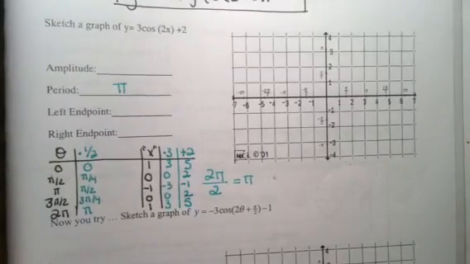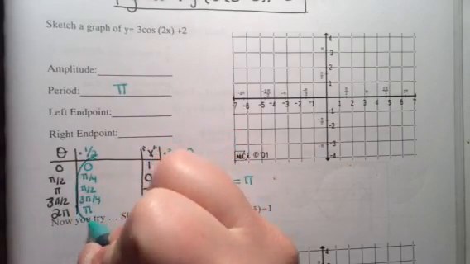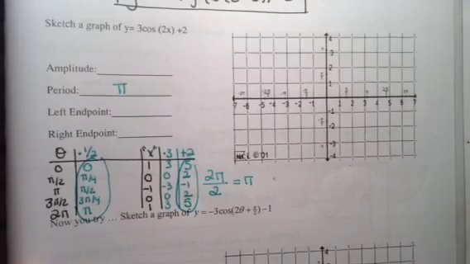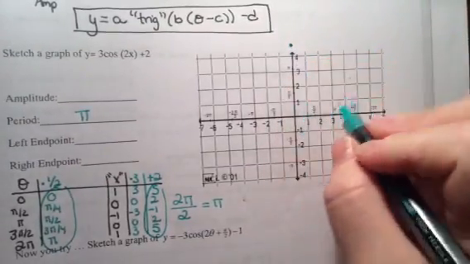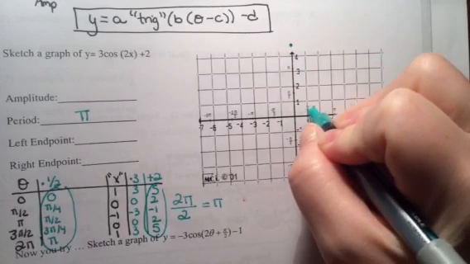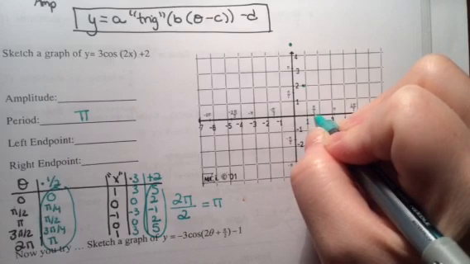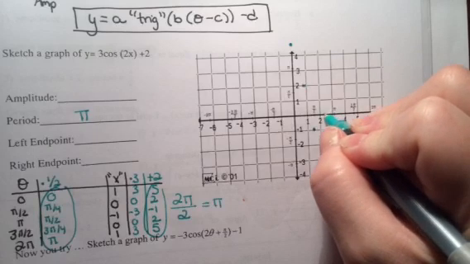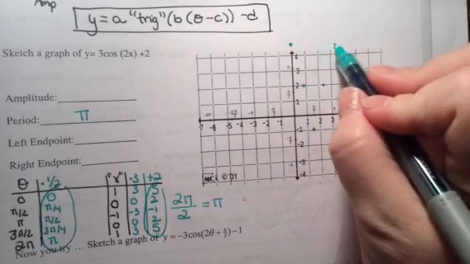So now I'm going to graph my new green ordered pairs and my last ones right here. So at 0 I'm at 5, which is off my graph, but that's okay. So at 0 I'm up here at 5, and at pi over 4 I'm at 2, and at pi over 2 I'm at negative 1, and at 3 pi over 4, which is halfway in between pi over 2 and pi, you're back at 2, and at pi I'm back up here at 5.